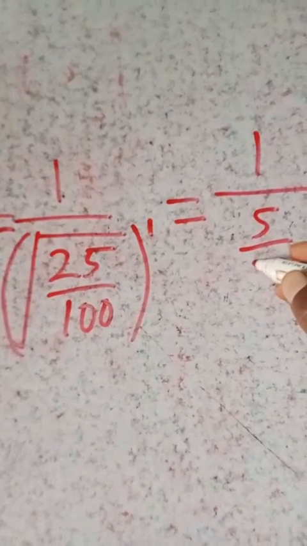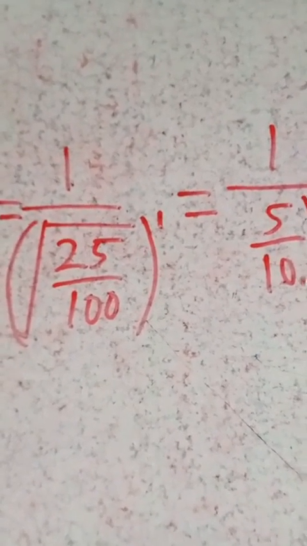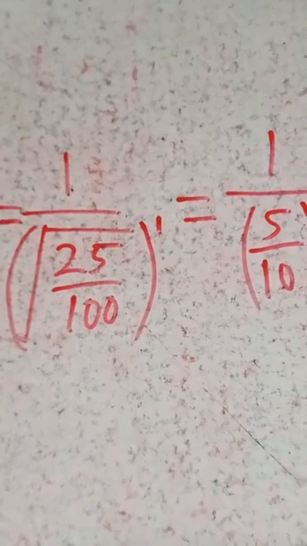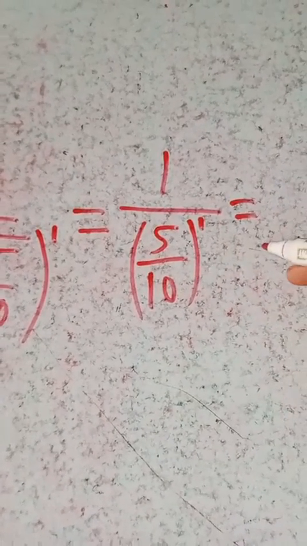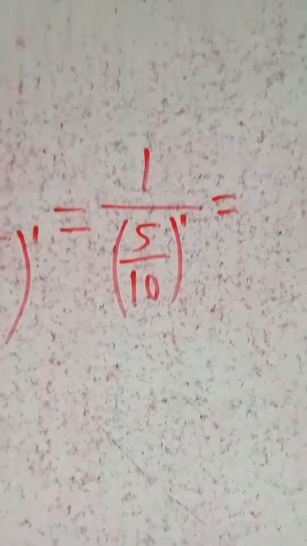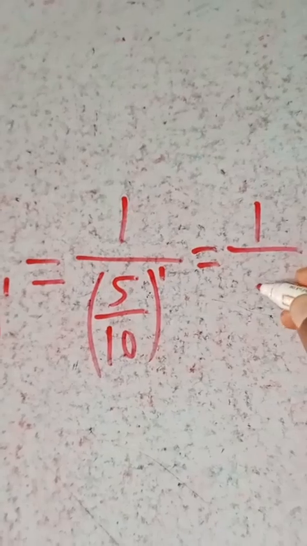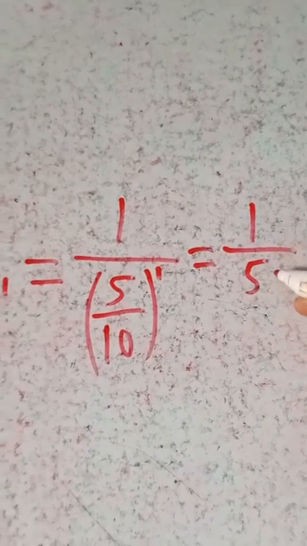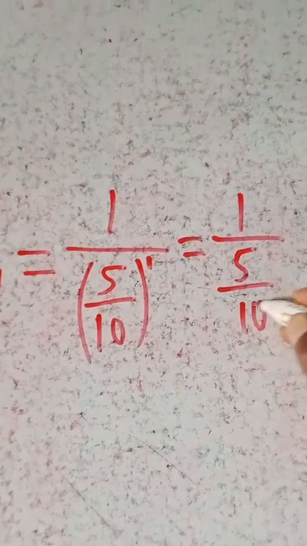It is 10. Then raised to power 1. So this means 5 over 10 raised to power 1, which still means the same thing. So we still have 1 all over 5 raised to power 1, which is 5, all over 10 raised to power 1, which is still 10.